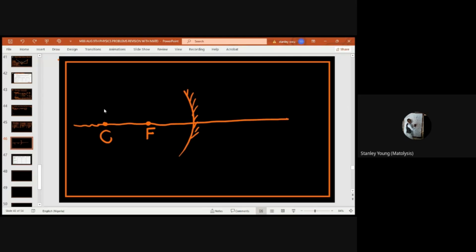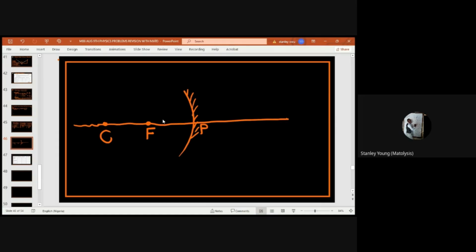The object can also be on the center of curvature. We can have the object between the center of curvature and the principal focus. We can also have the object on the principal focus. The object can be between the principal focus and the pole of the mirror. And the last case is having the object at infinity.